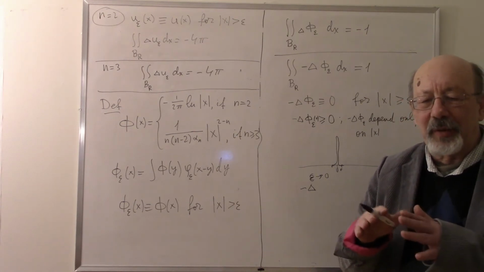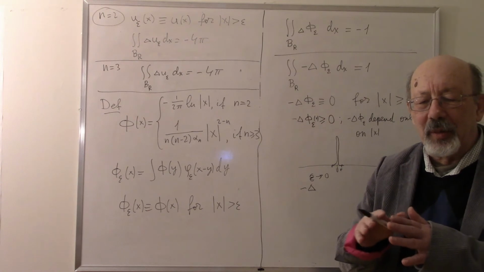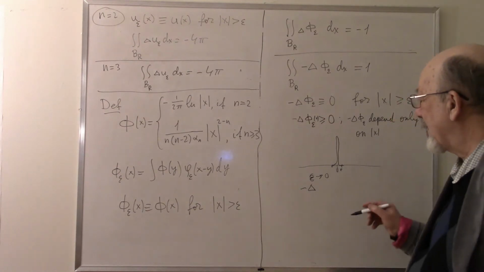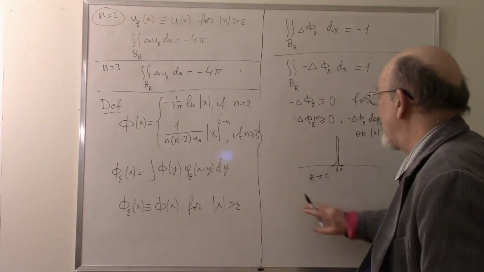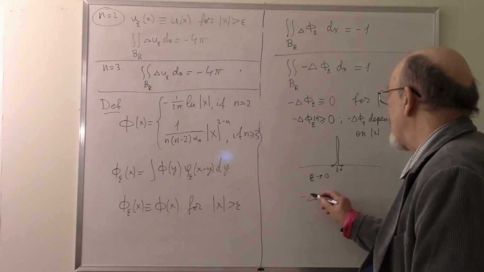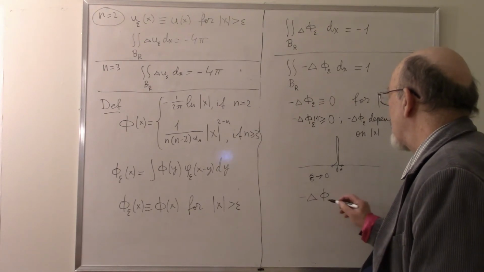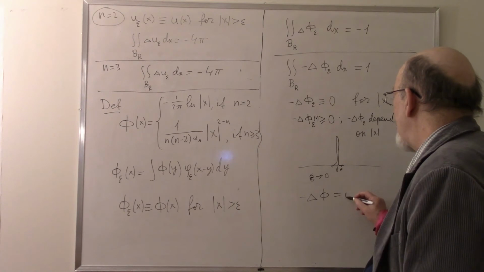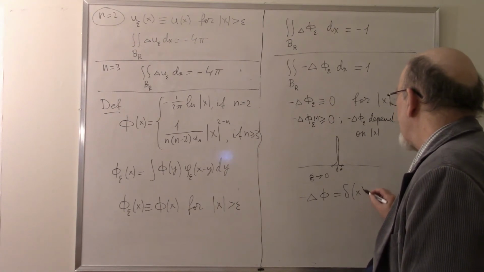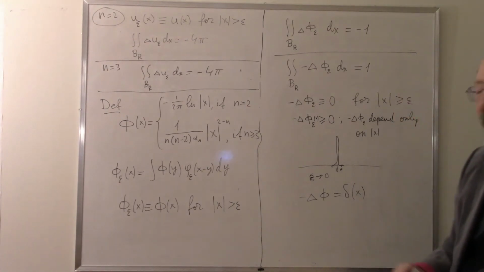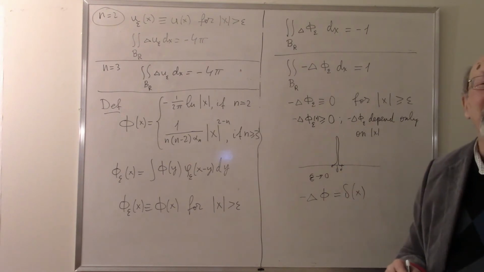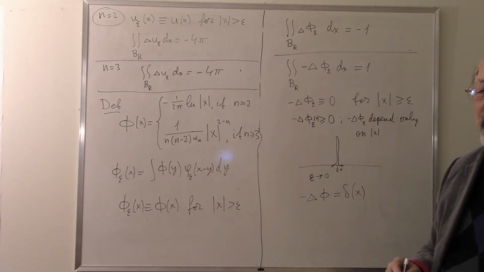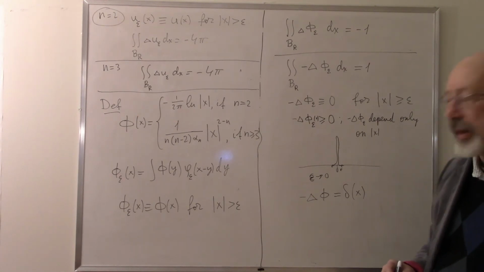And so we can assume that minus delta phi without epsilon equals simply delta function of x. It is unit mass concentrated at 0. That's it.